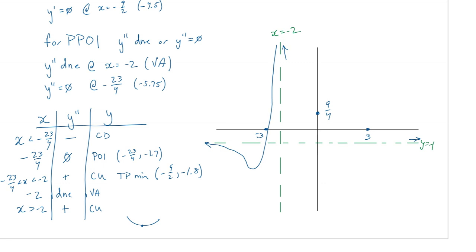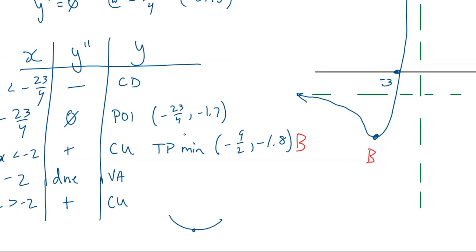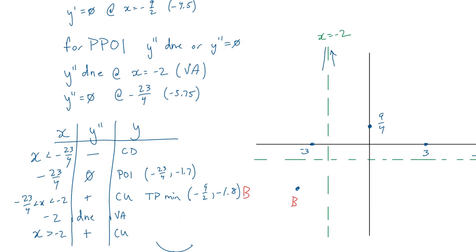Get rid of that. Okay, and this point is this, B. Hold on. And where's point A? Negative 23/4 was our negative 5.75, so that's over here somewhere. I want to do this again. Now I'm rushing. Okay, so I go like this, and somewhere in here it changes from concave up to concave down, and it looks to me like it's right about there.